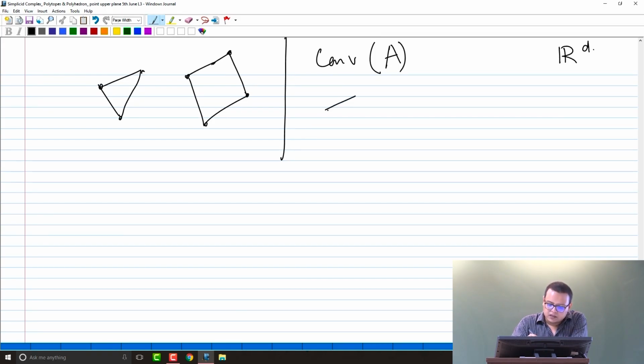Can there be a square? Let us say D is 10, let us say R^10. Can one face be a square? No, right, because these 4 points are not in general position in R^10.